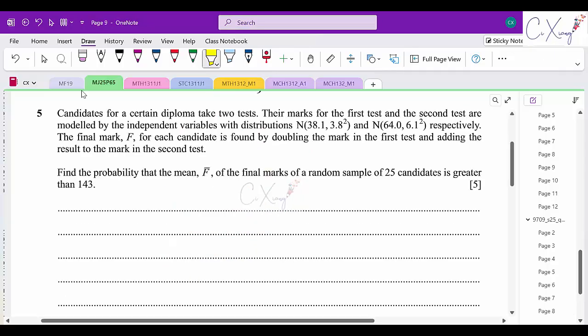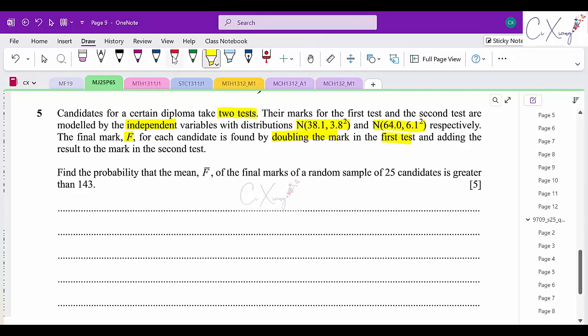Alright, so we are now at question number 5. Candidates for a certain diploma take 2 tests. The marks for the first test and second test are modeled by independent variables, both normally distributed. The final mark, F, for each candidate is found by doubling the mark in the first test.